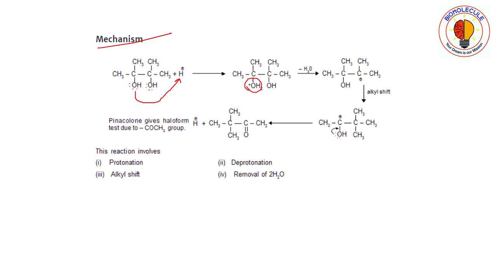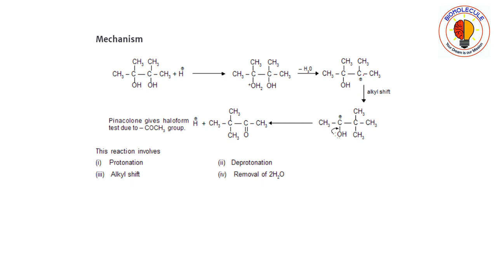Since it is a symmetrical molecule, you can show it in either way, left hand side OH or right hand side OH. Now this OH2 plus, that is a water molecule, leaves out, giving one carbocation. See here, this molecule is a carbocation.